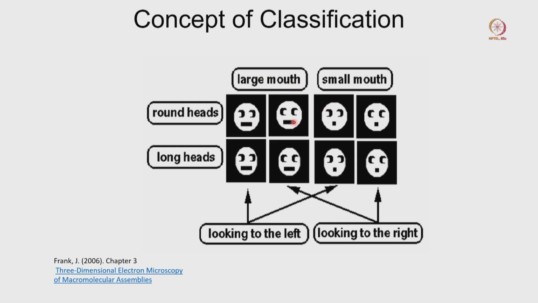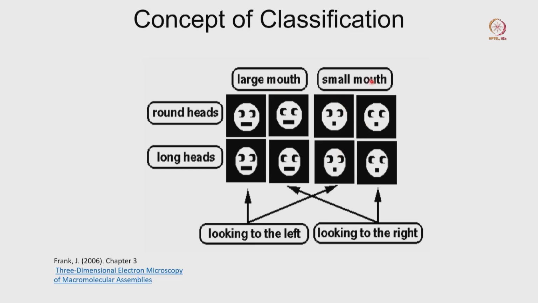This is the large mouth and the round head, and this one has a long, elongated kind of head and a large mouth. In the other ones the mouth is very small in all cases, with round head and elongated head. There is also another change happening: they are looking in different directions. This eye is looking in this direction, and this eye is looking in that direction.